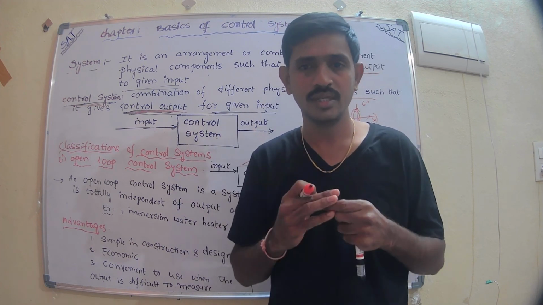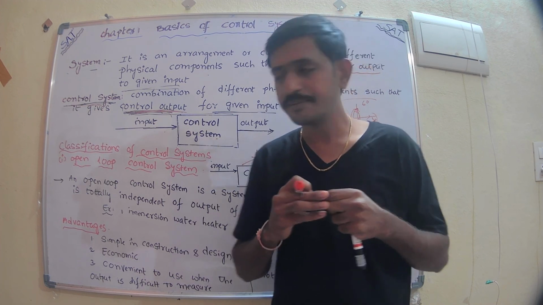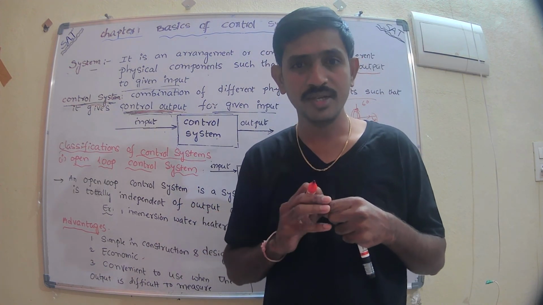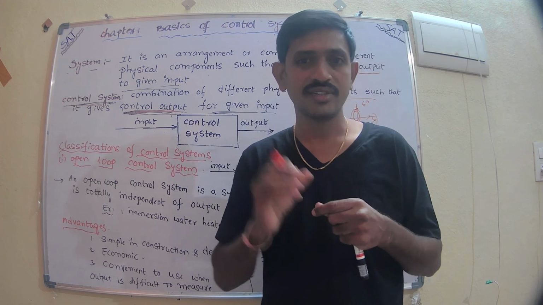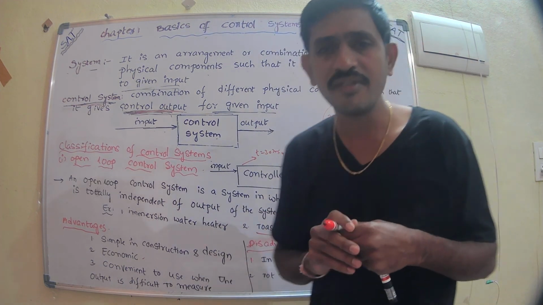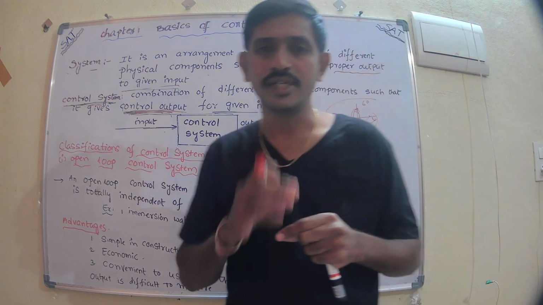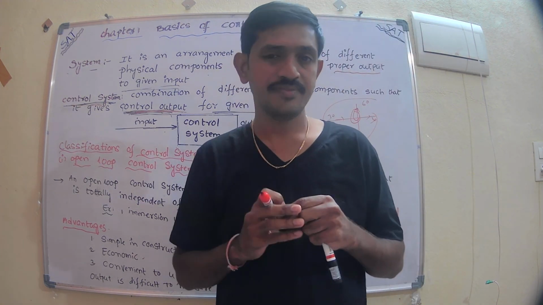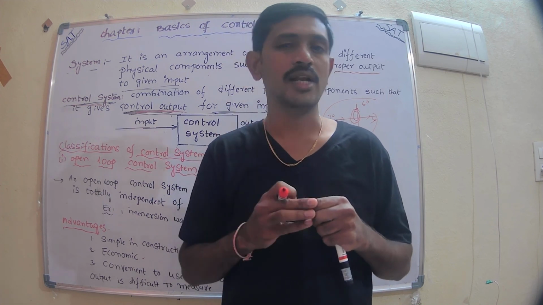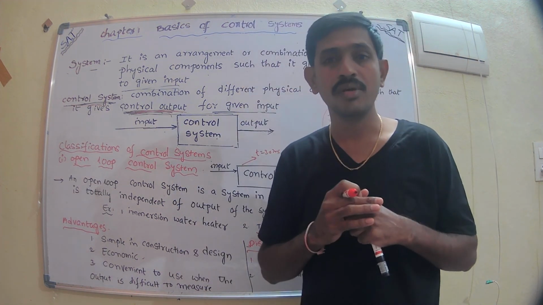Next, economy. Because of fewer physical components, it is economical and the cost is less. Next, convenient. It is very convenient to use this system when the output is difficult to measure. So these are the main advantages of open loop control systems.